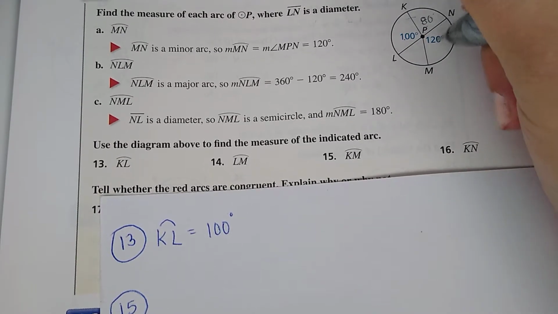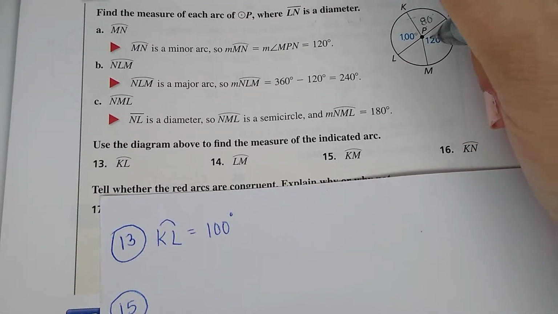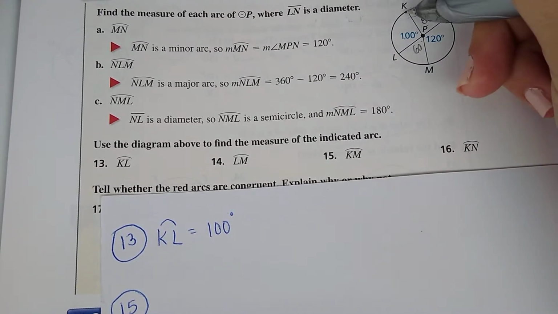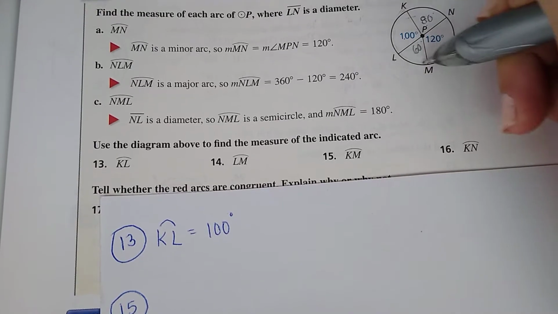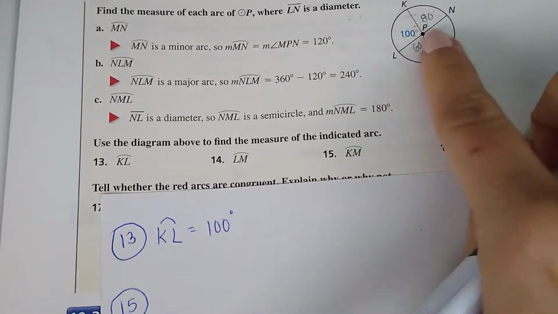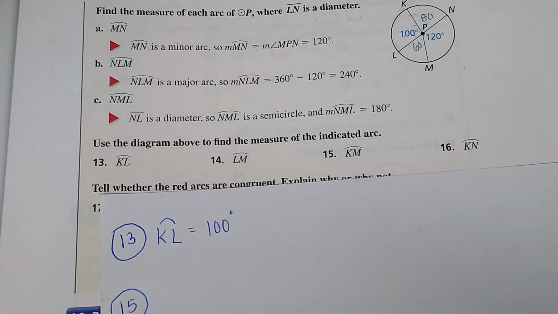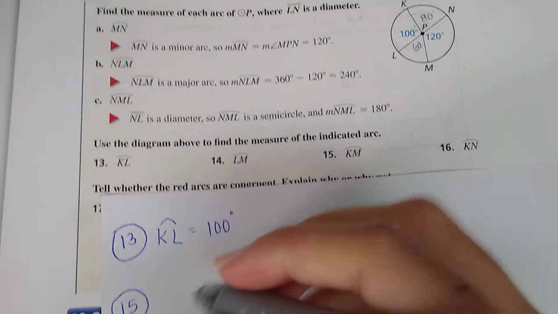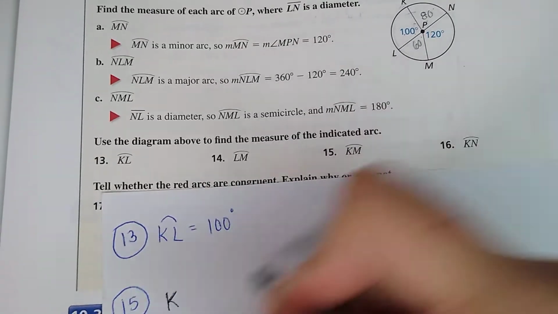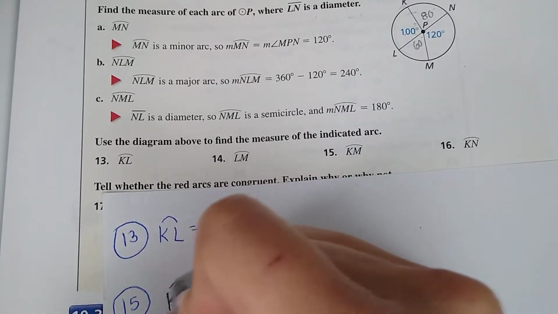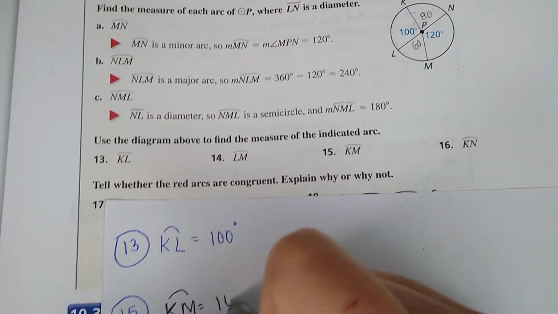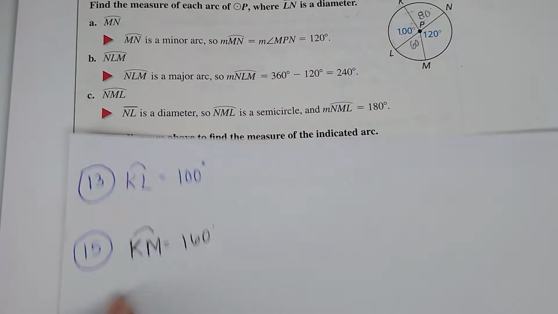It's the same thing for this case: 120 plus 60 equals 180. So I'm going to add these two measures, this central angle with this central angle. So 100 plus 60 will be, sorry, 160. So now the arc of KM is equal to 160.